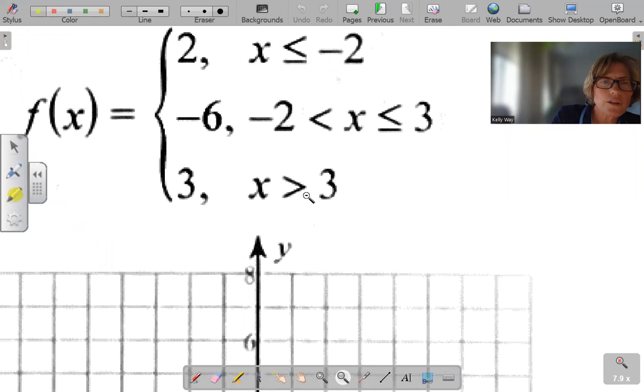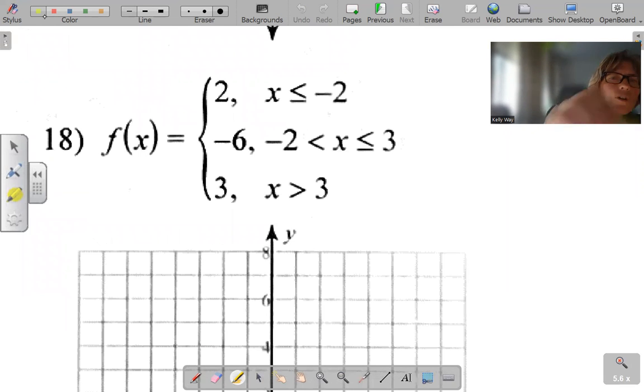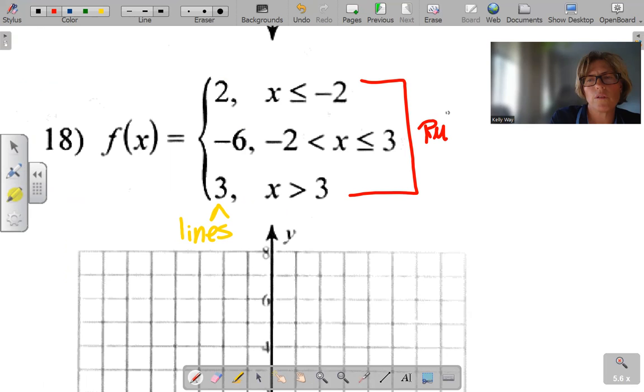So on the left, these are all lines. That's a line, that's a line, that's a line. And these are the rules. The lines and the rules.